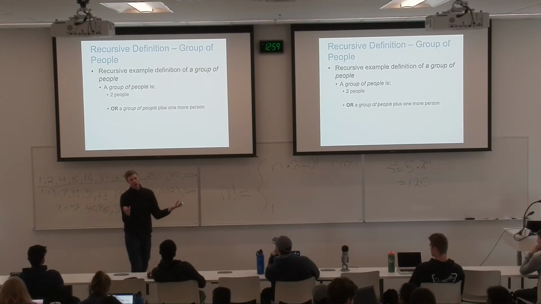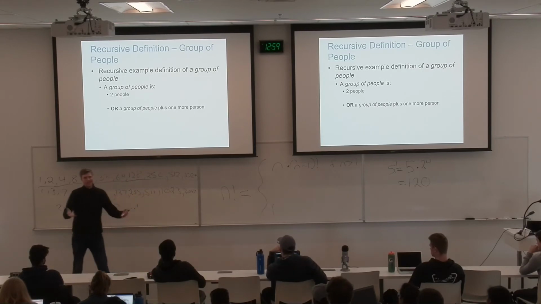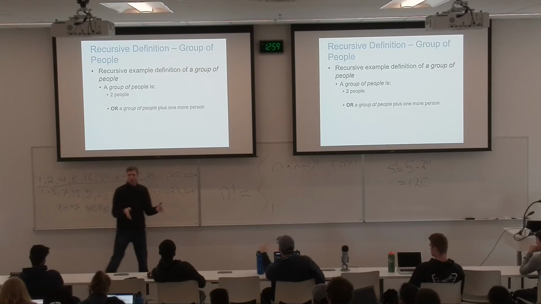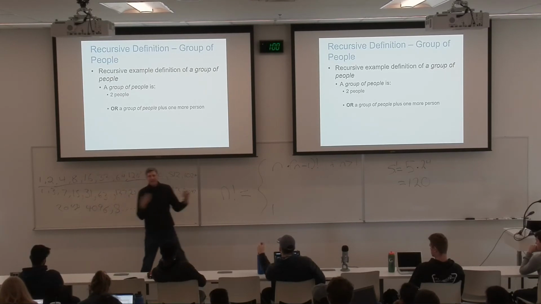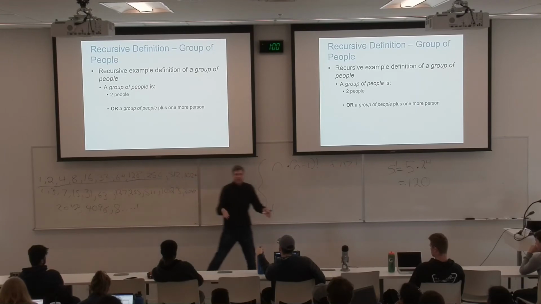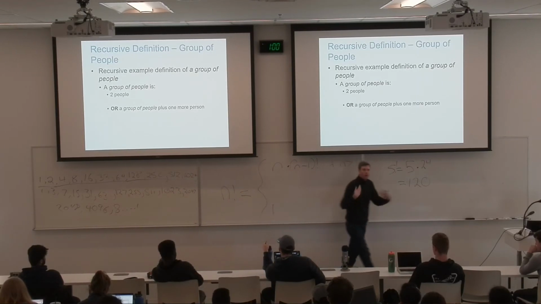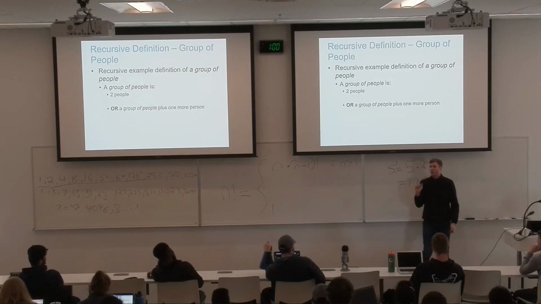So I need to know, is 9 a group of people? I can't answer that until I know if 8 is, then 7, 6, 5, 4, 3. I don't know if 10's a group of people because I don't know if 3's a group of people or 4's, and so on.